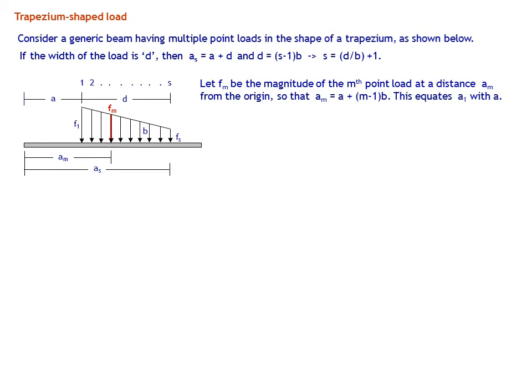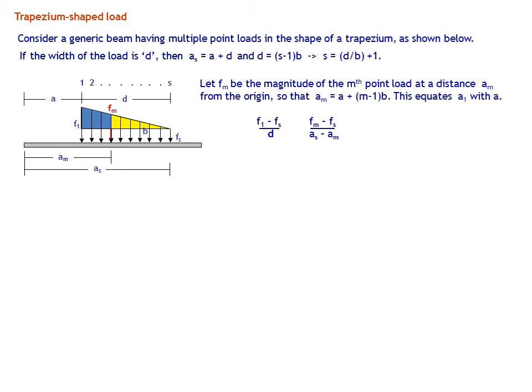We can find an expression for Fm by considering two equivalent right-angled triangles. The blue triangle has a height f1 minus fs and a width d, giving a slope of (f1 minus fs) over d. The yellow triangle has a height fm minus fs and a width as minus am, giving it a slope of (fm minus fs) over (as minus am).